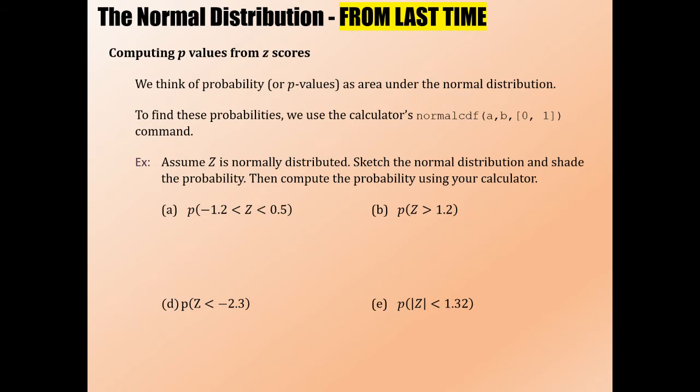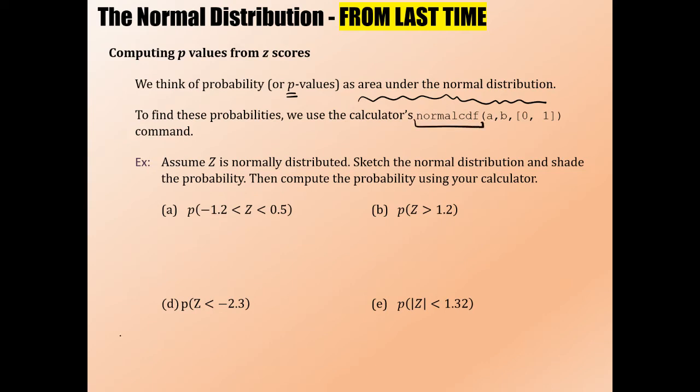The other thing that we looked at, and this looks similar to last time, I have some different problems up here and I want to show you the calculator, is we think of probability or p-values as the area under the normal distribution. To find the probabilities, we can use our calculator.